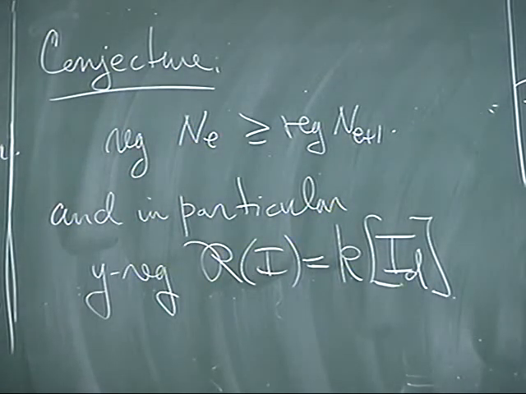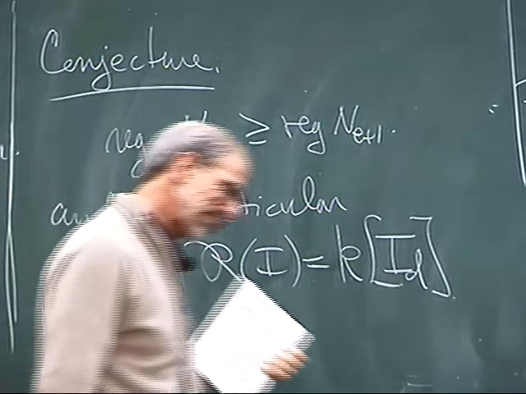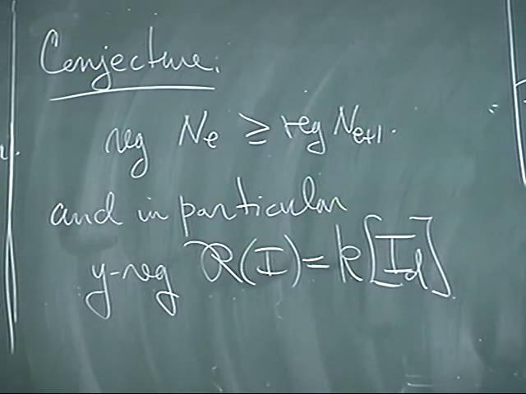So I can't prove that, but it's true a lot of the time. If it isn't true in general, then there's some nice hypothesis which makes it true. Again, I'm only talking about the case where I is generated in a single degree and contains a power of the maximal ideal. But we could put in a module everywhere, or a homogeneous coordinate ring everywhere to do this as well.